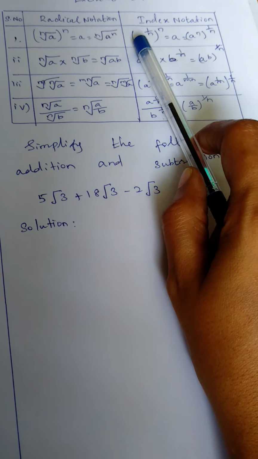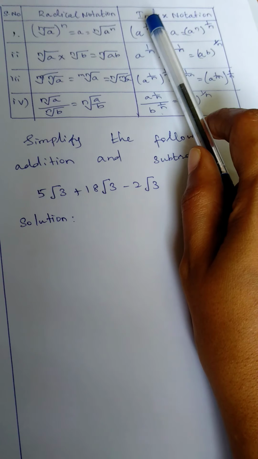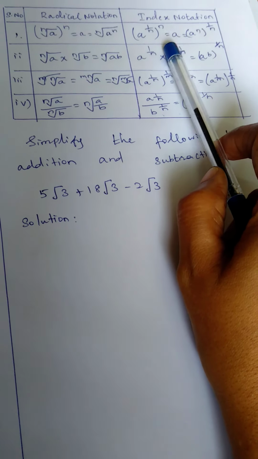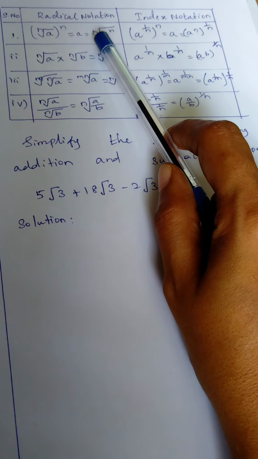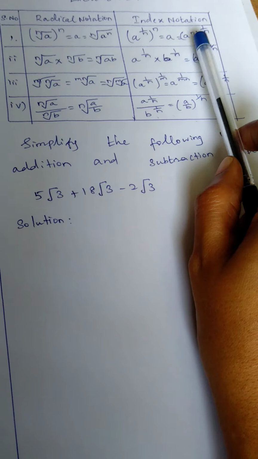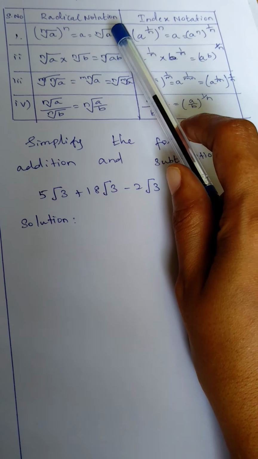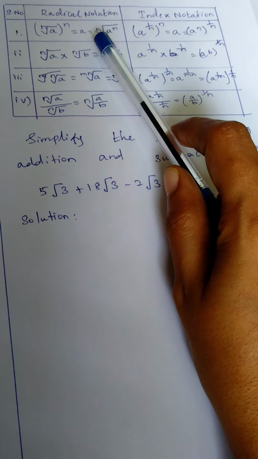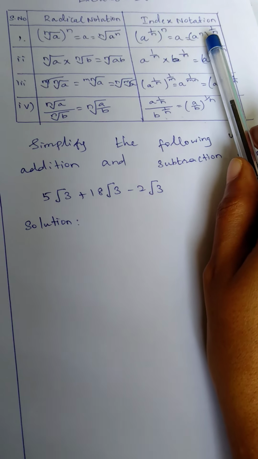Already it has the whole power n, so we put 1 by n here: a equals the nth root of a power n. Again we can write (a power n) power 1 by n. We are just removing the root and writing it as powers.